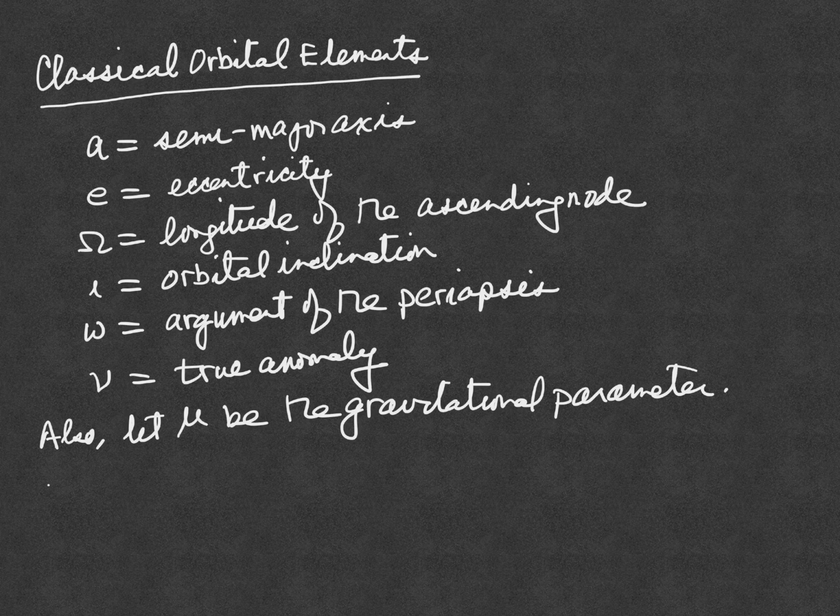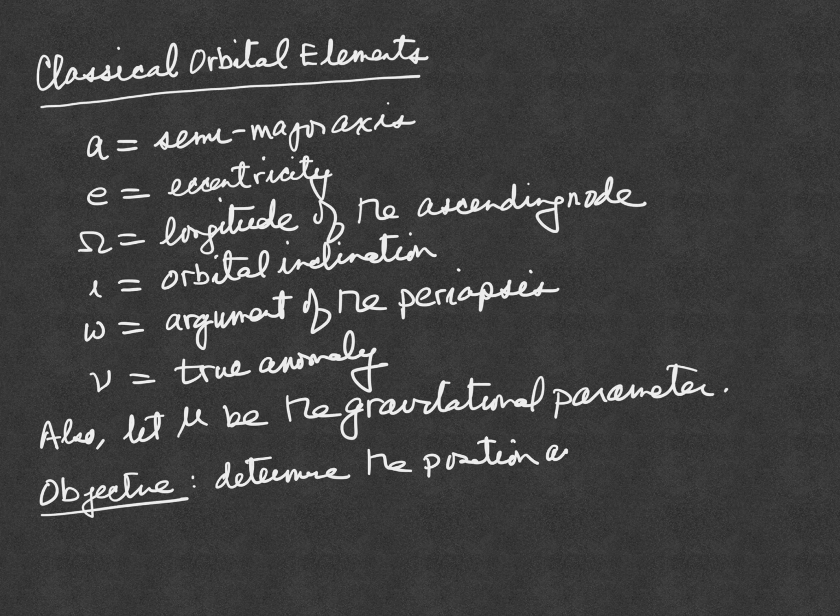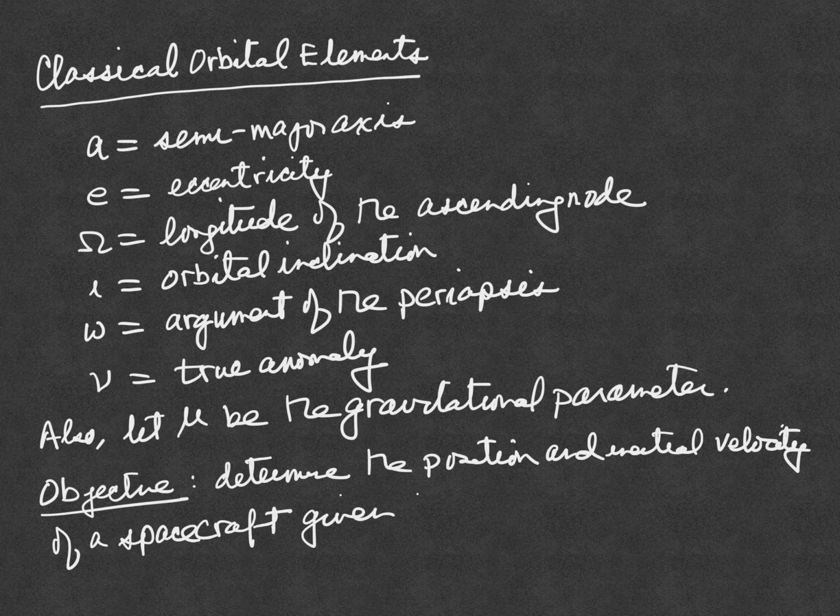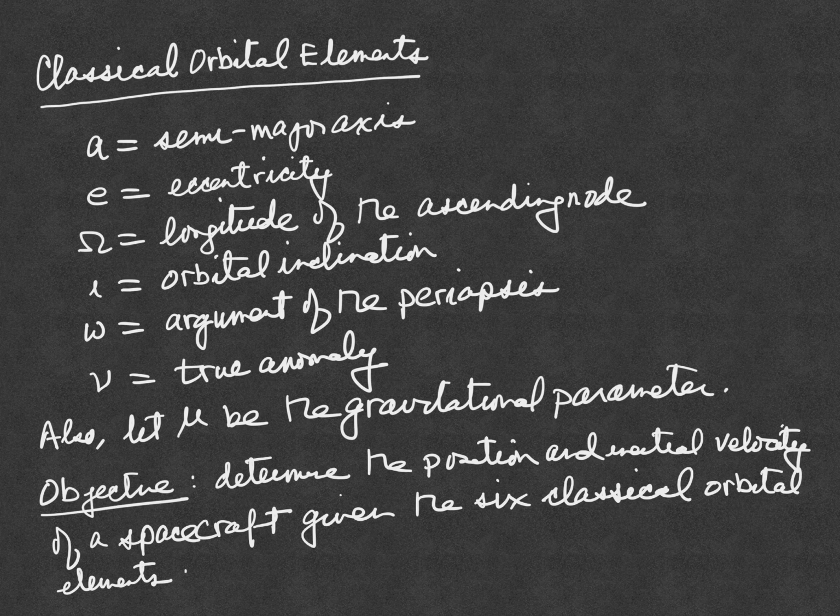Now, given this information, the objective is to determine the position and inertial velocity of a spacecraft given the 6 classical orbital elements and the gravitational parameter.